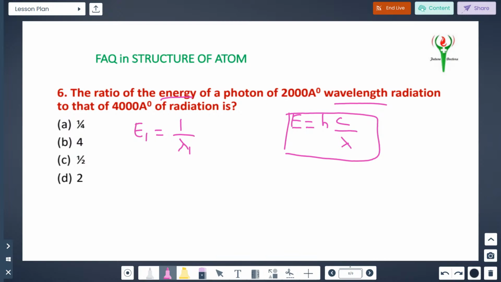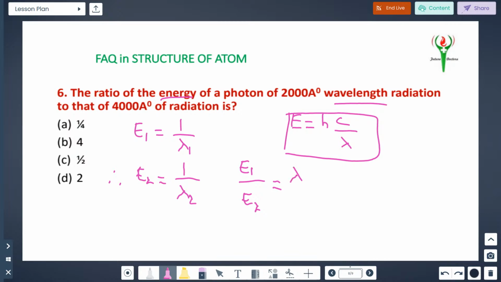Therefore we can write E1 is equal to 1 by lambda 1. At the same time we can write E2 is equal to 1 by lambda 2. Okay. So suppose it is considered as first one, E1 by E2 is equal to what? How to write this one?